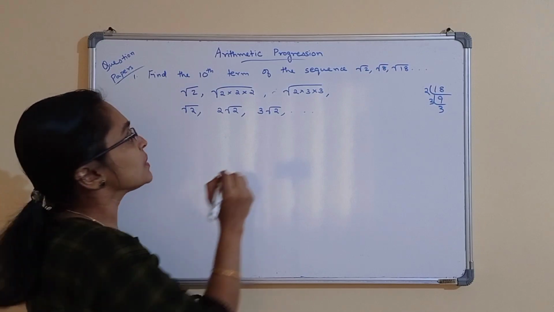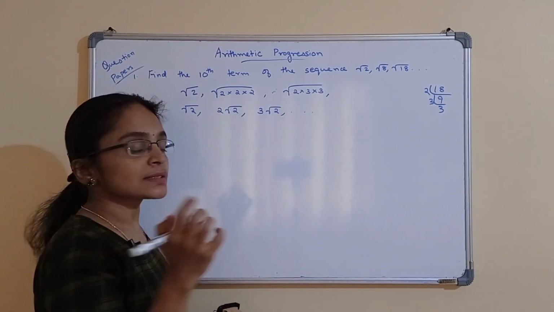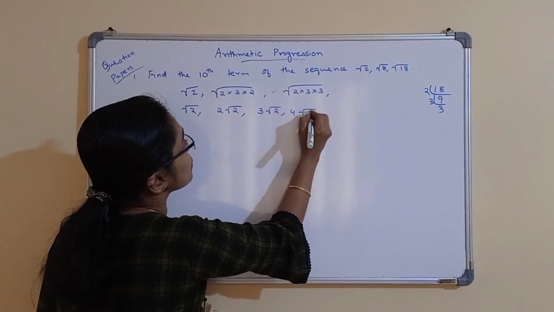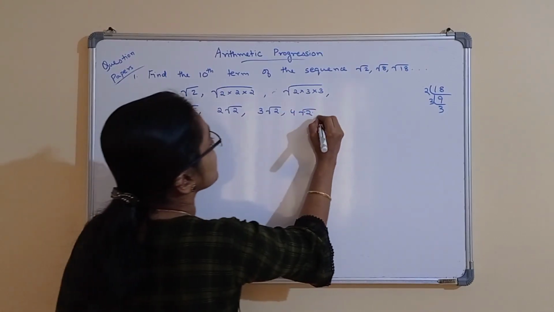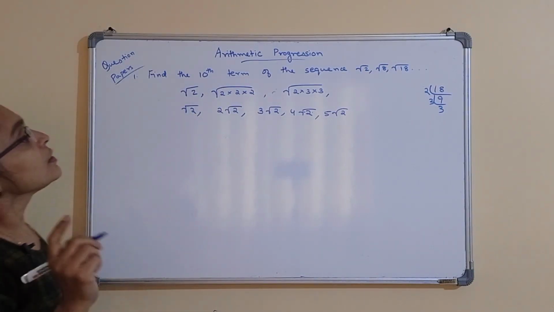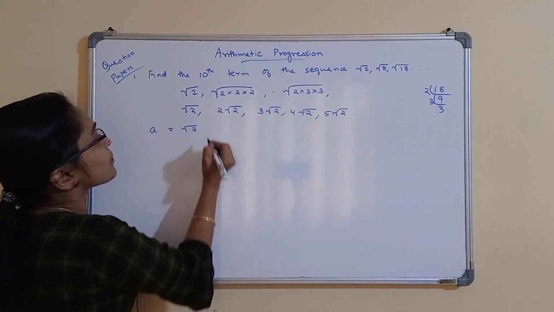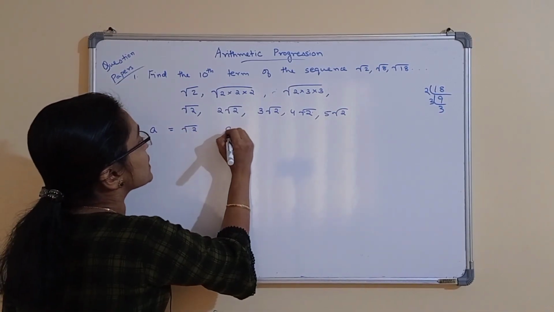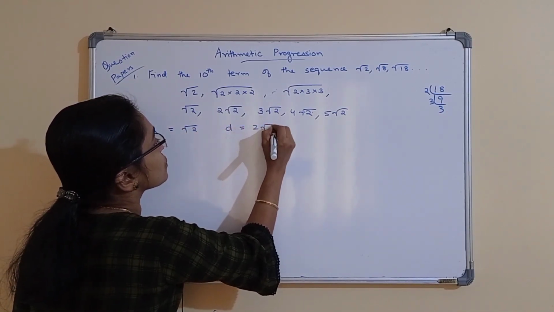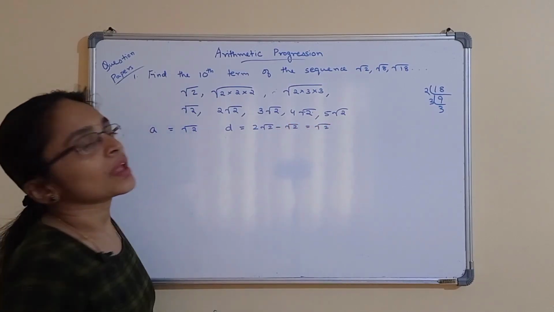So 3 root 2 and so on. The sequence will be root 2, 2 root 2, 3 root 2. What will be the next term? It will be 4 root 2. Then next term will be 5 root 2 and so on. So what is the first term of this? A equal to root 2 and common difference D equal to 2 root 2 minus root 2, which is equal to root 2.